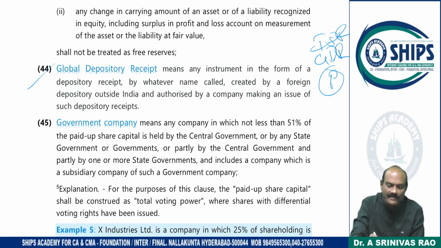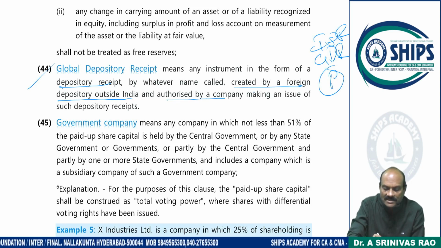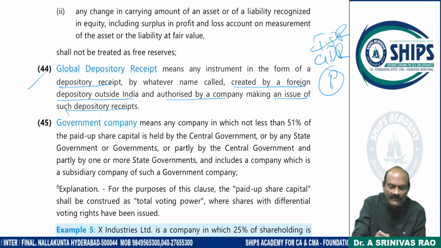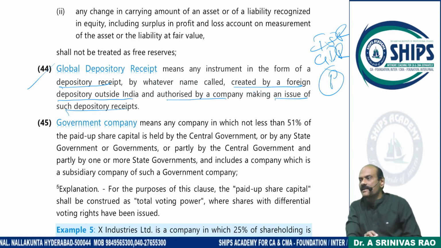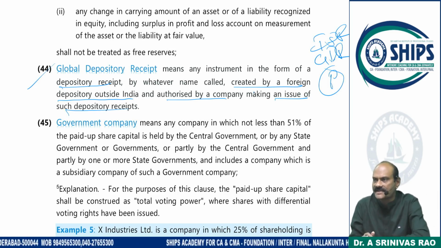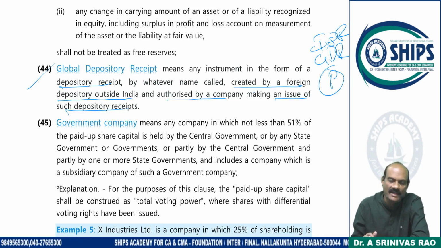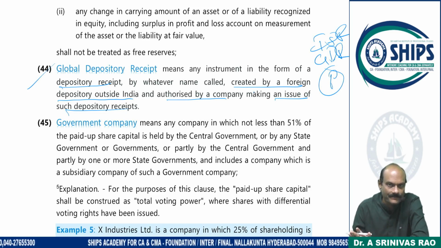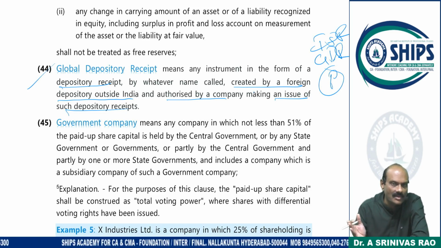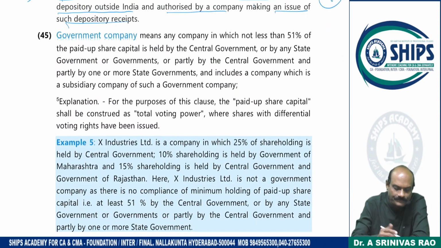It means any instrument in the form of a depository receipt created by a foreign depository outside India, authorized by a company making an issue of a depository receipt. It needs some little clarification and explanation. GDRs we will discuss in due course. Any issue made in India that closes in India is IDR. Any issue made globally, you can go with GDR. Remember that much for the time being, we will see the remaining later.